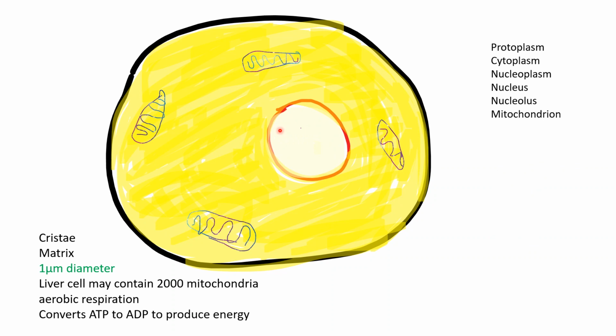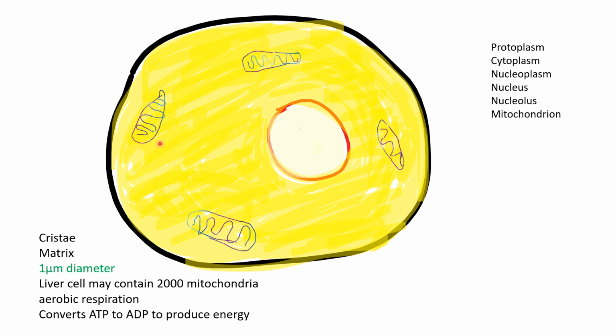Inside the cytoplasm, there are structures which can be seen through a microscope, and these are very important structures. This is called the mitochondrion. Mitochondrion is singular, for one mitochondrion, and for the plural you replace on with a: mitochondria. There are a lot of mitochondria inside the cytoplasm, and they are very important for the function of the cell.